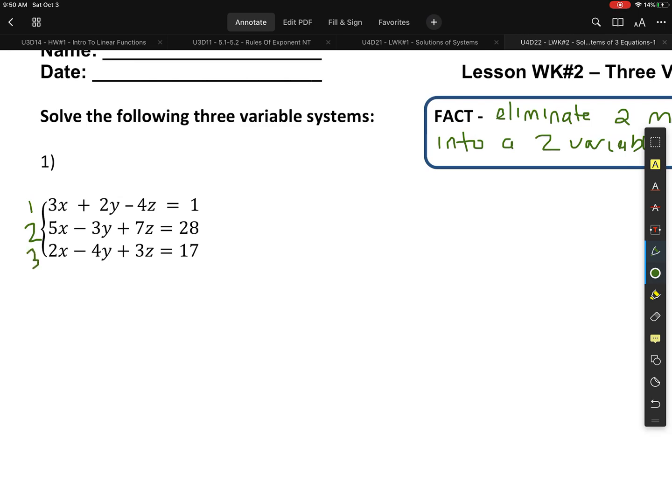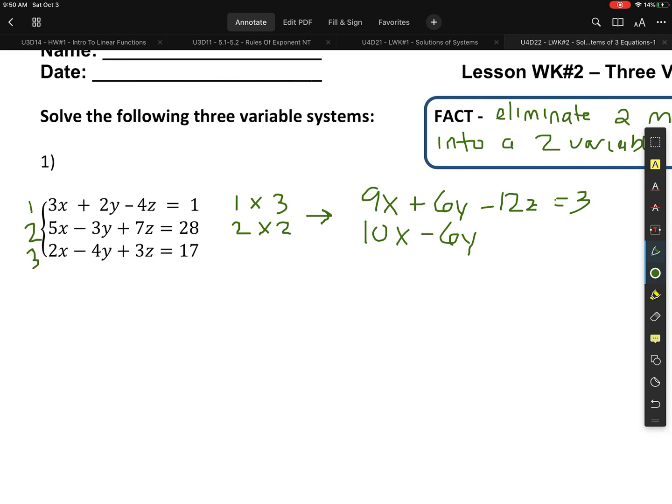So if I take equation 1 and multiply it by 3, and I take equation 2 and multiply it by 2, I'm going to have 9x plus 6y minus 12z equals 3 over 10x minus 6y plus 14z equals 56.